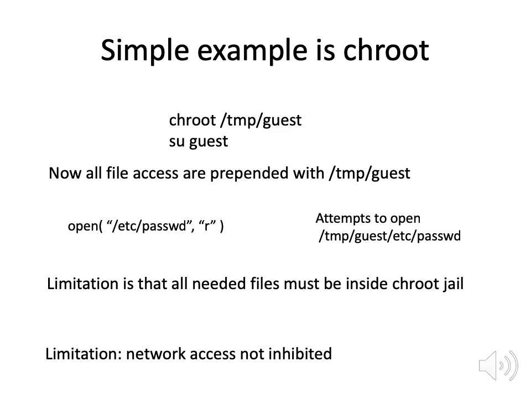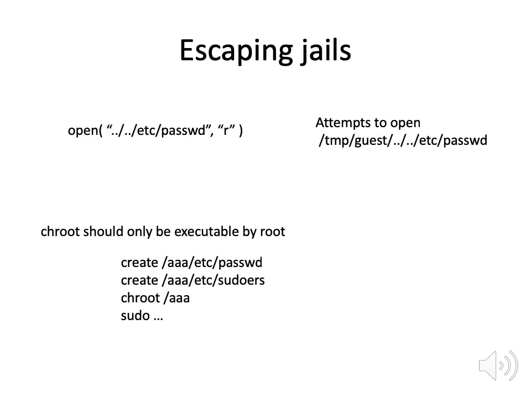Okay, another problem is there's no limit to the network access. So whatever program you're running can connect over the network, download arbitrary shellcode, probe for bugs in your operating system, which is not necessarily what you want. Another problem is that, as was just brought up, if your chroot doesn't work properly, then you can put in .. and it will redirect someplace else.